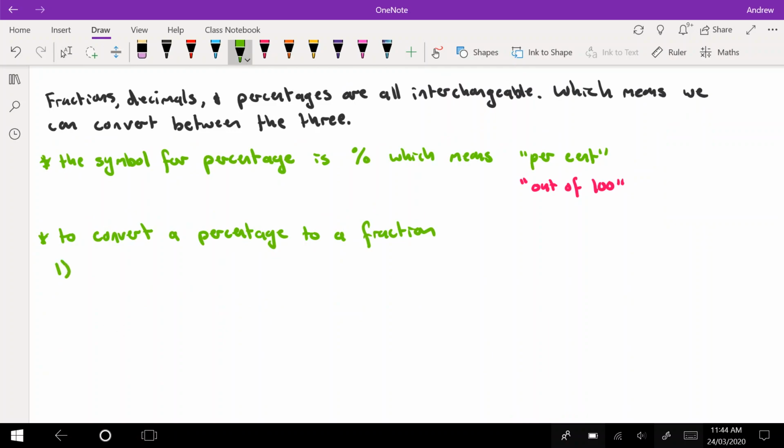First thing we should do is ignore the percent sign and write it as a fraction. So if we ignore the percent sign, Yana, how could we write something if it's a percentage as a fraction?